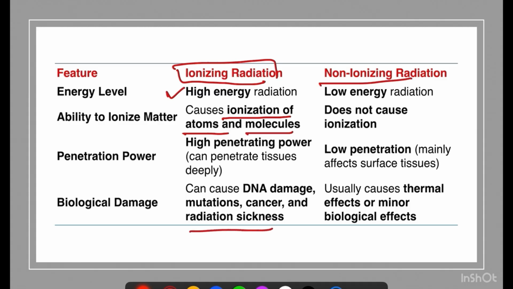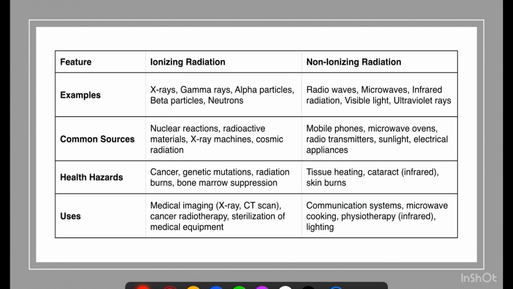While non-ionizing radiation is a low energy radiation, it does not cause ionization and it has a low penetration, and it can usually cause thermal effects or minor biological effects. Examples of ionizing radiations, as we have seen, include X-rays, gamma rays, alpha particles, beta particles and neutrons, and these are the examples of non-ionizing radiation.